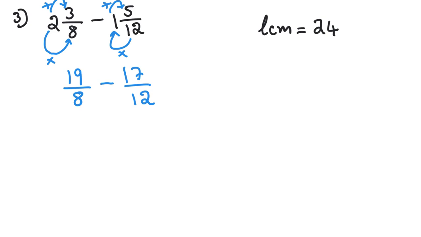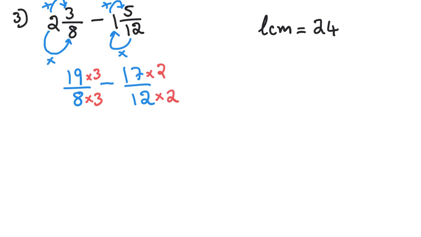In order to make the denominator 24, can I multiply the first fraction's numerator and denominator with 3? Because 8 times 3 is 24. And can I multiply the numerator and denominator of the second fraction with what? 2.